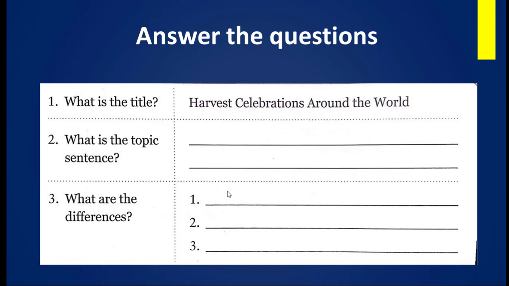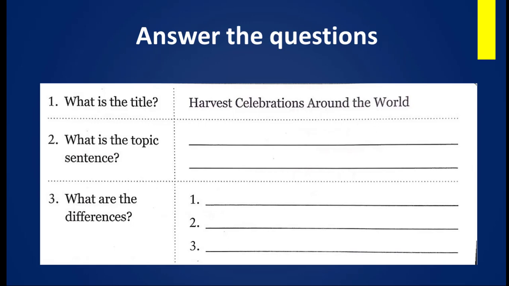The topic sentence is that all three countries celebrate the fall harvest, but the three holidays are different in ages and length. They celebrate the fall harvest to give people a chance to have a good time, but the three holidays are different in ages and length. This is the topic sentence that leads to the body paragraph. Let's see what the differences are.